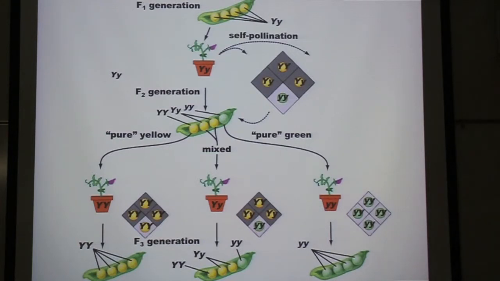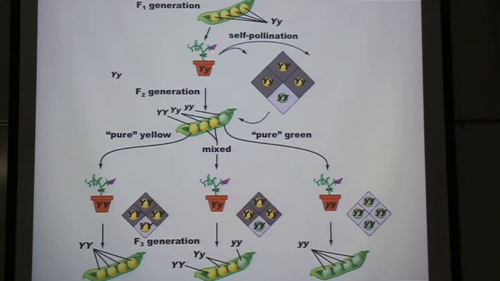So now I'm going to show you how that works. Here's my F1 generation, where I had all yellow seeds, but they were big Y, little y. They were heterozygous, okay? I grow that plant up.